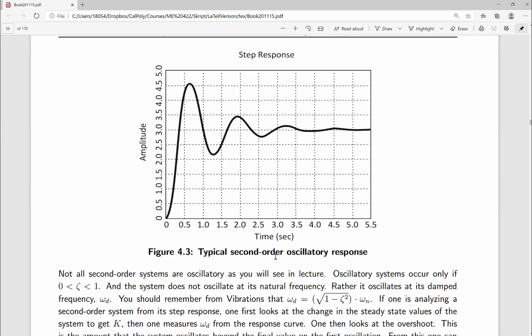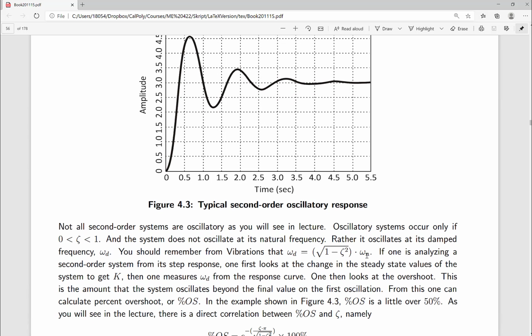And there's a relationship between the damped frequency and the natural frequency, and it's related through zeta. So here's your relationship between your damped frequency and your natural frequency. Remember, your system only oscillates if zeta is between 0 and 1. So as you can see, this number right here is going to be less than 1. And therefore, the damped frequency is going to be less than the natural frequency. And what that means is that it will oscillate slower.